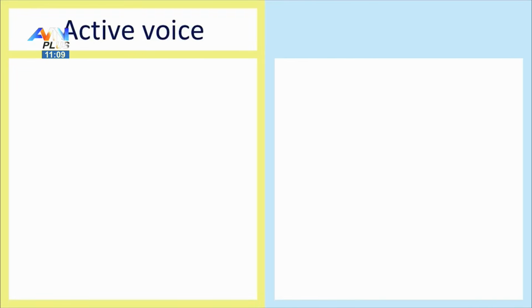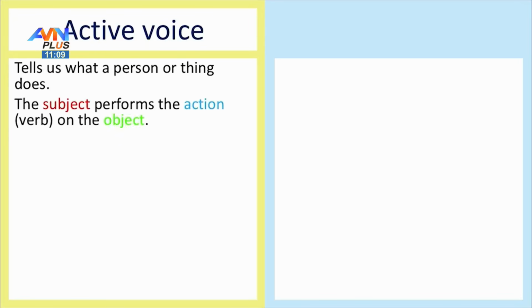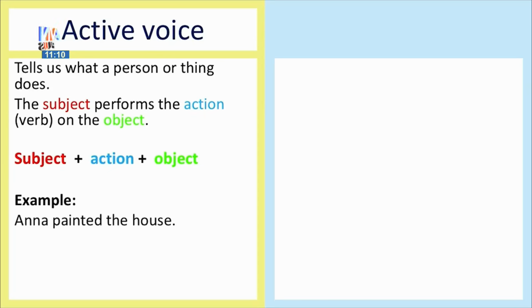Active voice. This tells us what a person or thing does. The subject performs the action on the object. The sentence structure is subject plus the action plus the object. For example, Anna painted the house.